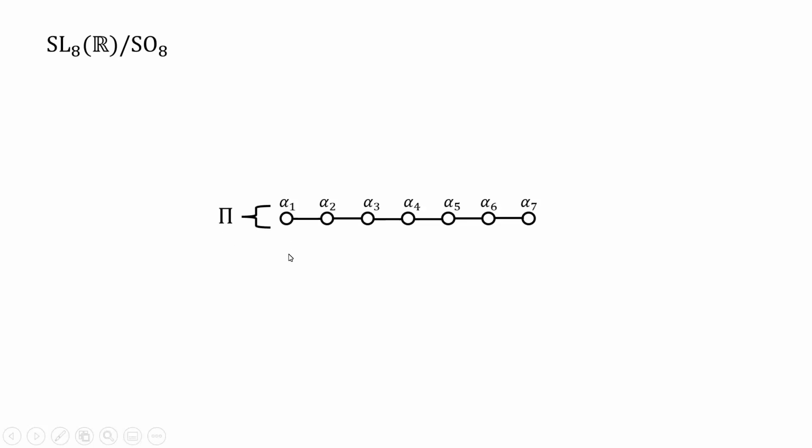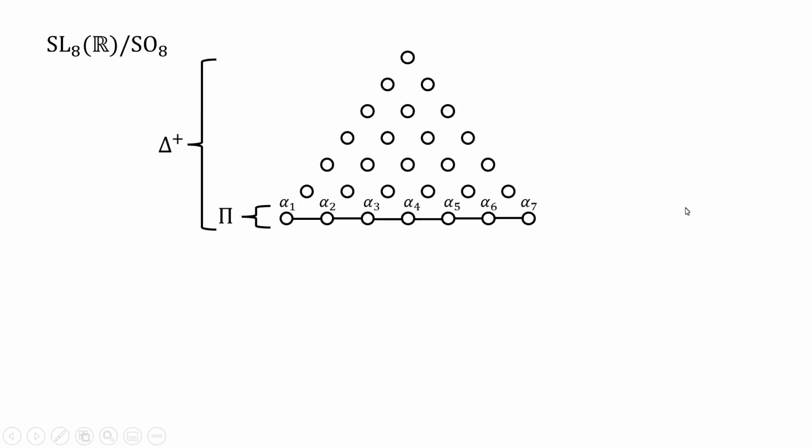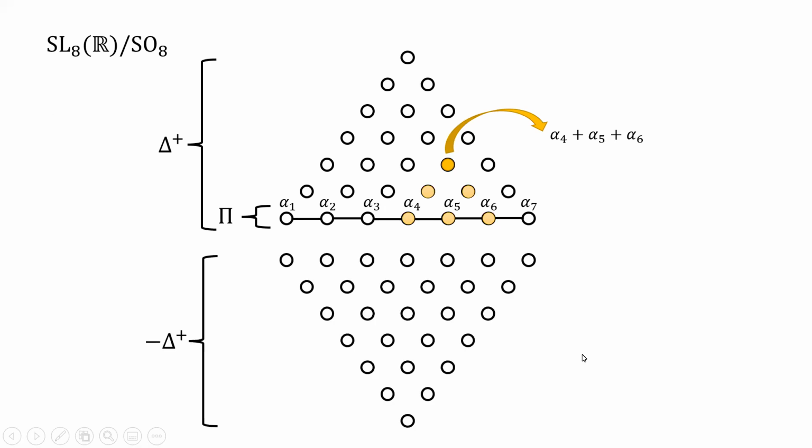Now we can consider here some nodes so that they represent all the positive roots. For instance, this node here is the positive root that is the sum of the 3 simple roots on the basis of the triangle, alpha 4, 5, and 6 in this case. We can also plot here the negative roots, something as in here.